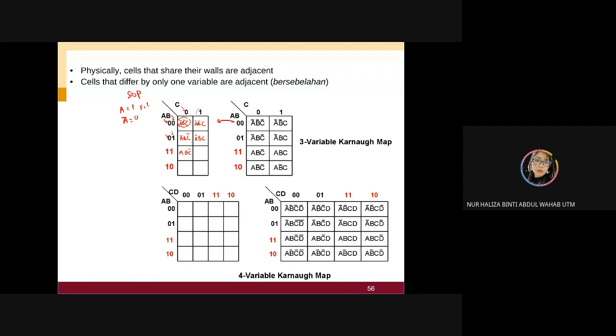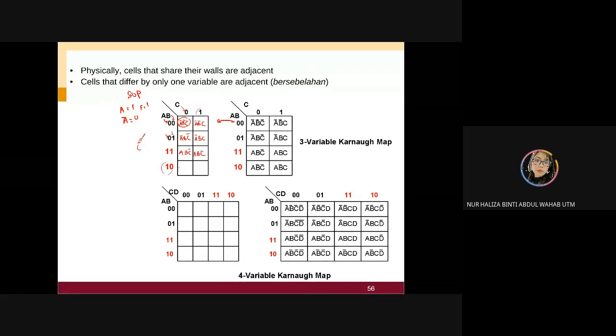For those who cannot catch up on why C is 0 it is C bar, please go back and take a look into the previous notes, which is yesterday's class. I guess the other days you also already looked into the A bar. Okay, now we have A is 1, B is 1, our C is 1.